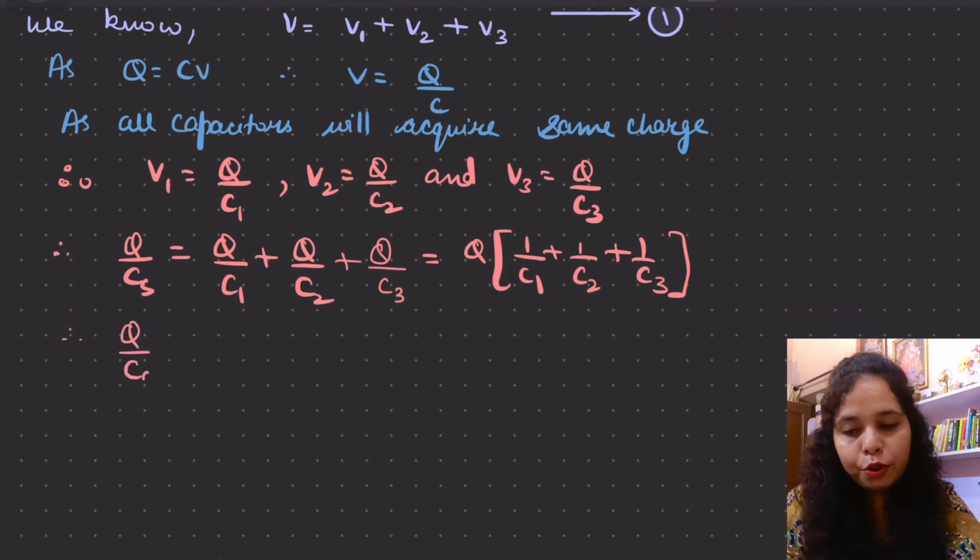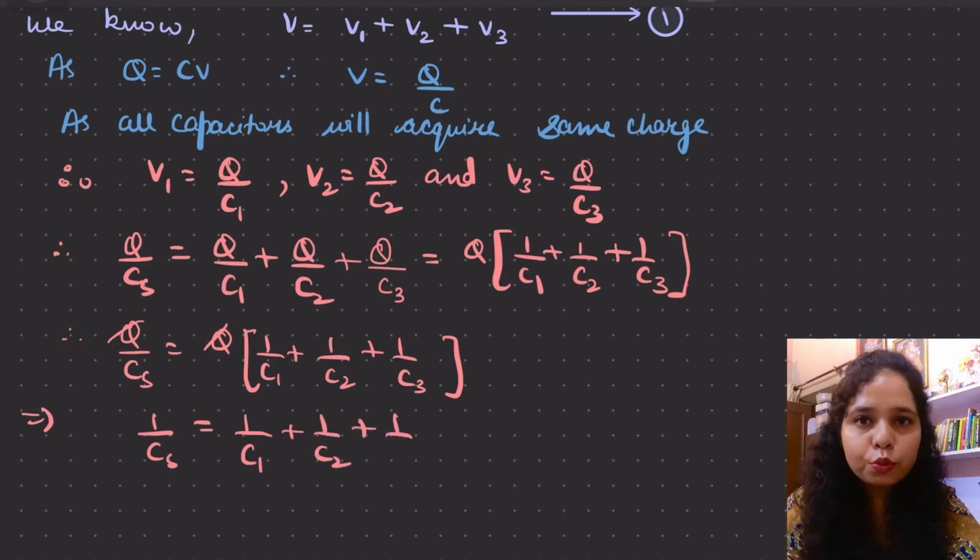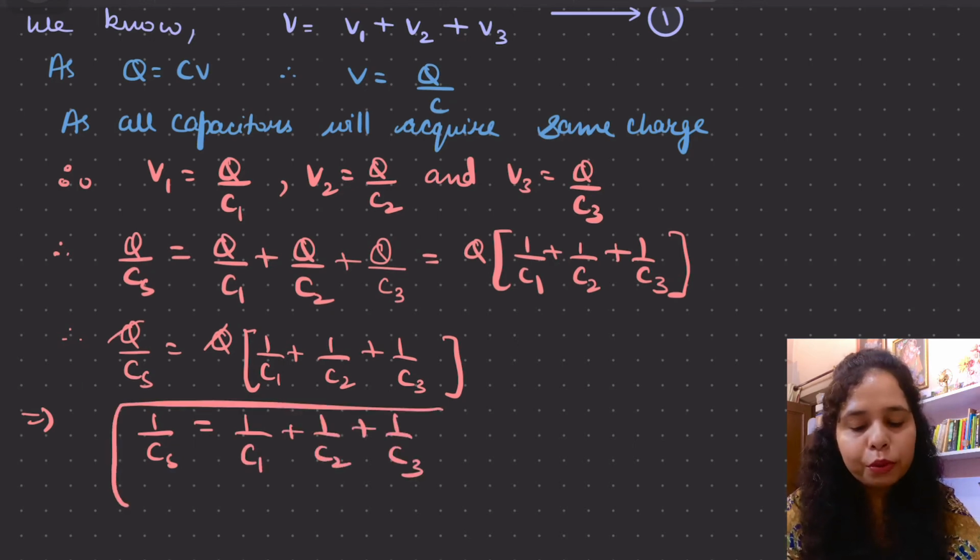Now we have Q upon CS is equal to Q multiplied by 1 upon C1 plus 1 upon C2 plus 1 upon C3, and closing the bracket and cancelling the charge Q, we are left with 1 upon CS is equal to 1 upon C1 plus 1 upon C2 plus 1 upon C3.